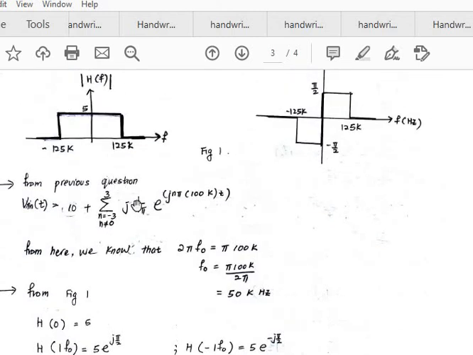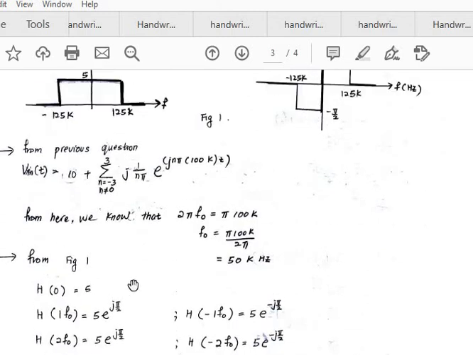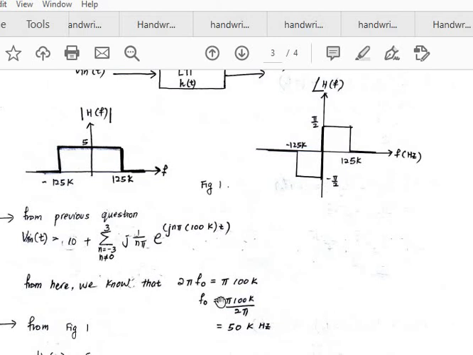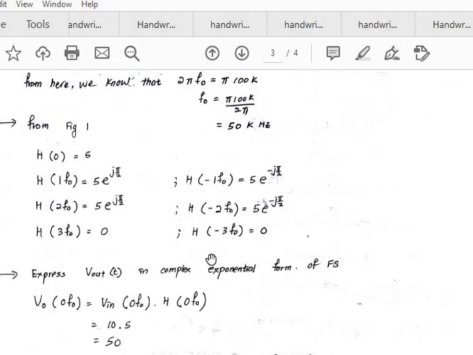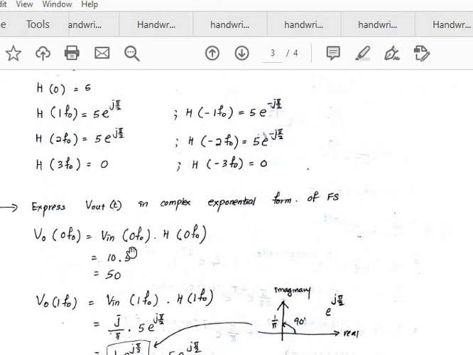And 3 f naught is 0, because it's 150. 1 f naught is 50k, so 2 f naught is 100, 3 f naught is 150. So in the amplitude given, there's nothing beyond 150. That's why you get 0.